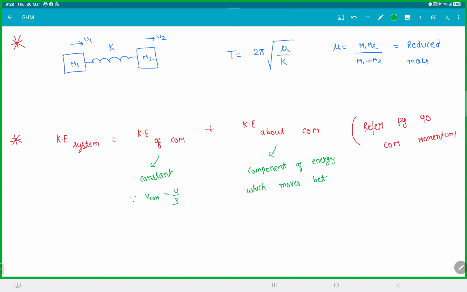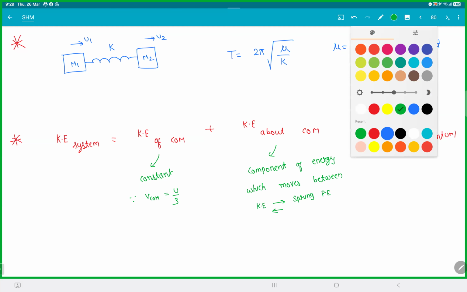So among the total energy, there's a part of the energy which will not change, and a part of the energy is going into the spring and coming out of the spring, which moves between the kinetic energy to the spring potential energy, and spring potential into kinetic energy. And this is what we call oscillation energy.